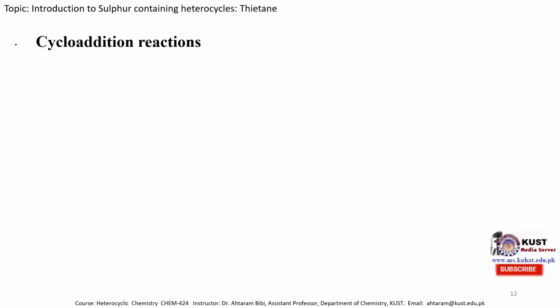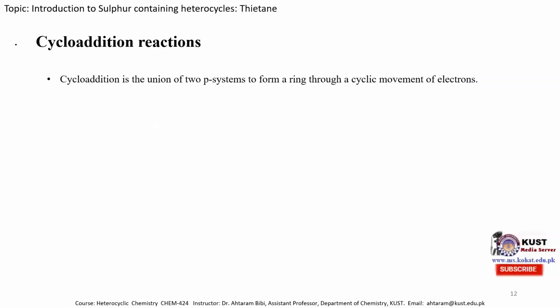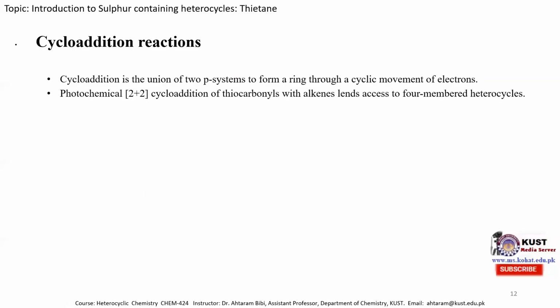The next method is that we can obtain the Thietane molecule from the cycloaddition reaction. As I mentioned, it is generally a photochemical reaction. And a cycloaddition reaction is the union of 2 pi systems to form a ring through a cyclic movement of electrons. And photochemical 2+2 cycloaddition of thiocarbonyl with alkenes gives access to 4-membered heterocycles.